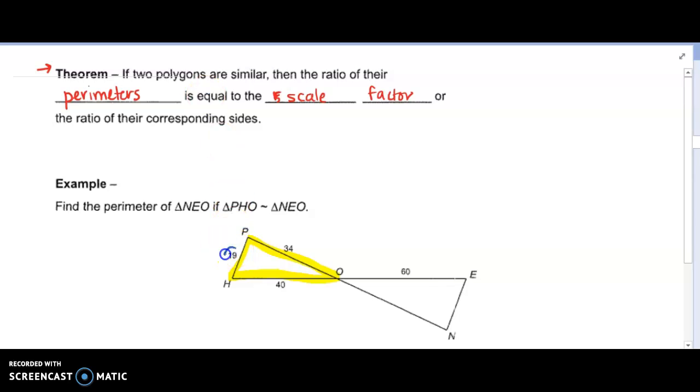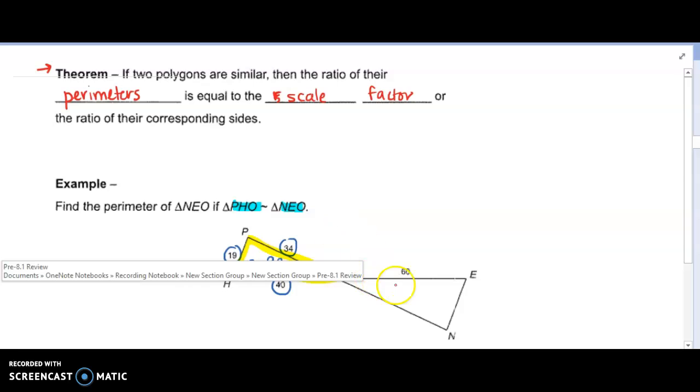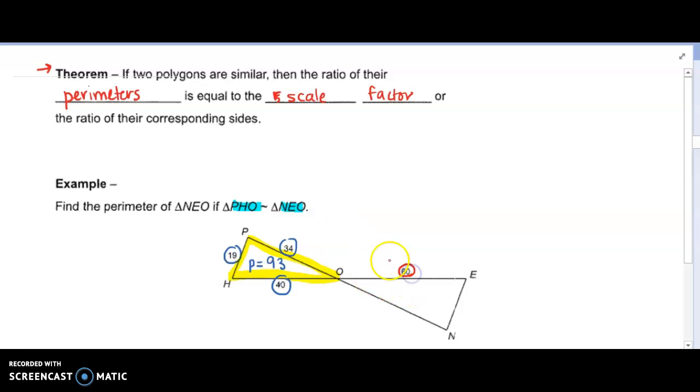If I add up 19 plus 34 plus 40, hopefully we all know how to find perimeters by now, I would get 93. The perimeter of this is 93. And I'm given this similarity statement here. The only side I'm given of this triangle over here is right here, OE.